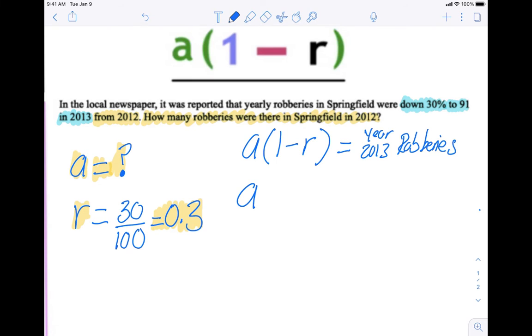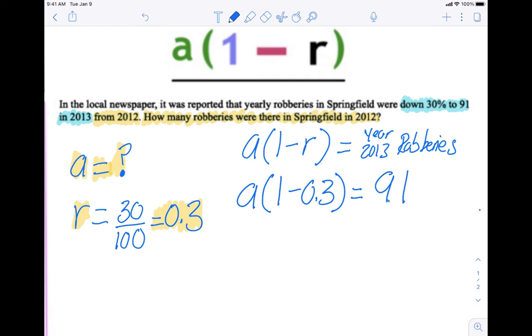Parentheses 1 minus, well, I do have R. R is equal to 0.3. Equals year 2013 robberies. Do we know how many robberies were in 2013? We do. 91 in 2013. So we know that there were 91 robberies in 2013.